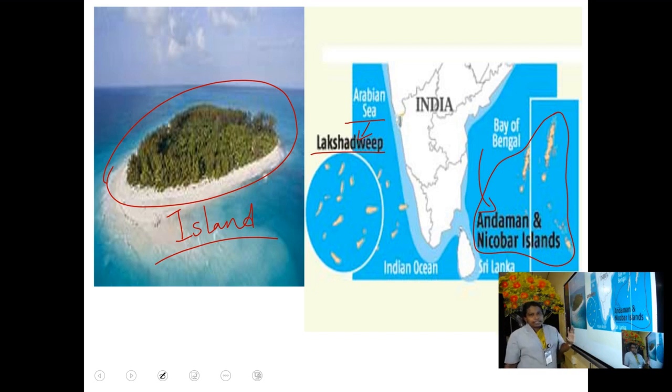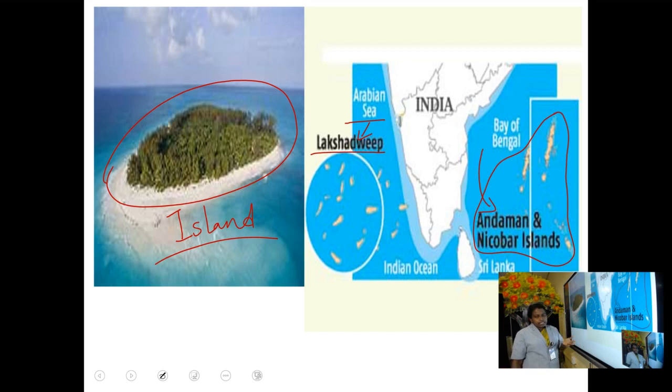So we have studied that the physical features of India have been divided into 6 natural regions. That is, we have the highest mountains in the northern part, that is the Himalayas. Then we have flat fertile plains, that is the northern plains or Indo-Gangetic plains.